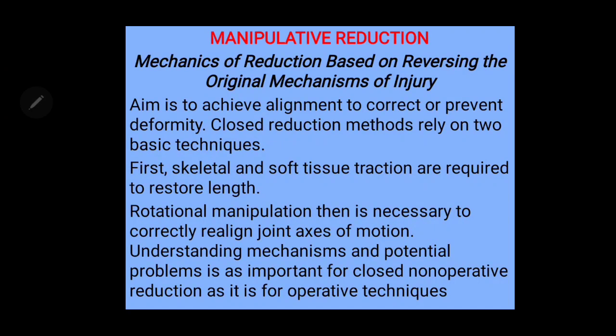So let's start to talk about non-surgical methods of treatment. In the first place, we'll talk about so-called closed reduction or manual reduction. This is usually used for displaced fractures, of course. After this, we should immobilize the fracture with some kind of device. It may be a brace, it may be a cast or POP bandage.